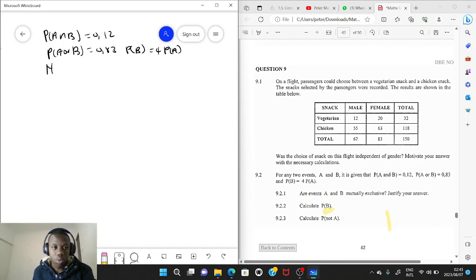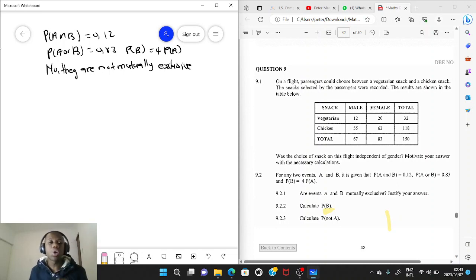Therefore, we'll say no, they are not mutually exclusive. Why are we saying this? Because the probability of A and B is not equivalent to 0. In fact, it's equivalent to 0.12, right? So we are done with 9.2.1. You get full marks.